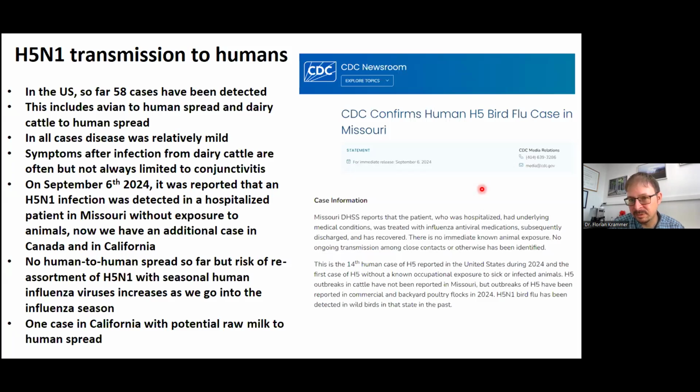And again, these reassortant viruses might then be fitter in humans. What's also interesting, we recently had one case in California where there was potential infection via consumption of raw milk that was contaminated with H5N1. So raw milk consumption is really not something that I would recommend.